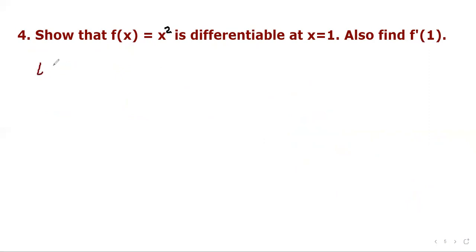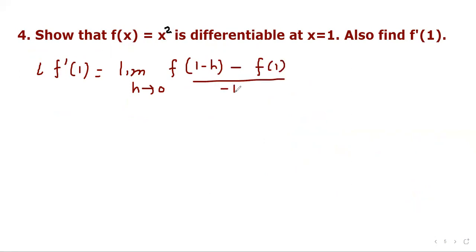So left hand derivative equal to limit h tends to 0 f(1 minus h) minus f(1) divided by minus h. That will be equal to limit h tends to 0, f(1 minus h), that is (1 minus h) whole square, minus 1 divided by minus h.